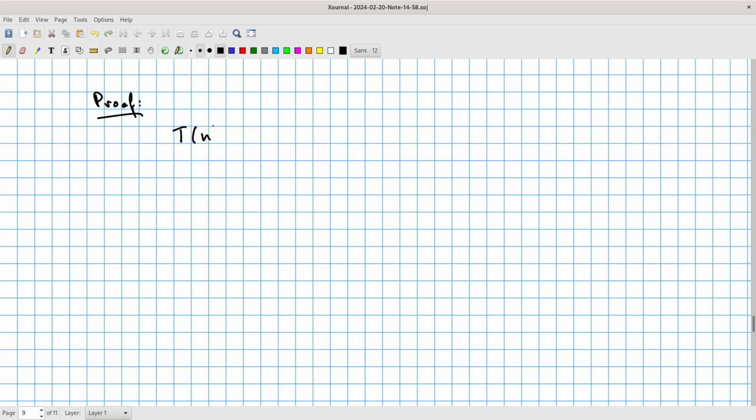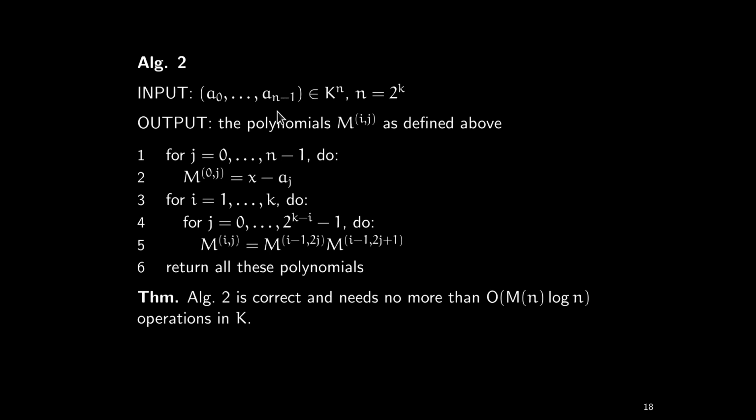So the complexity, the number of field operations that this algorithm requires, if you apply it to an input of size n, is the cost of the outer loop, where I runs from 1 to k. So this is the loop here. The cost of this loop is determined by the inner loop, the cost of the inner loop. The cost of the inner loop is again a sum, and then we have here a multiplication.